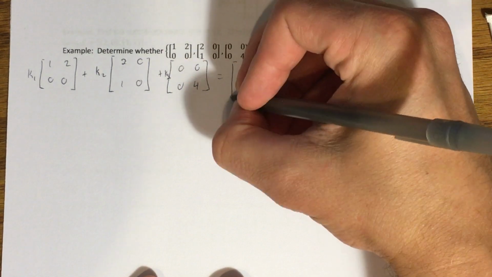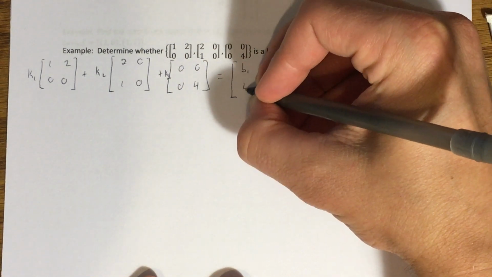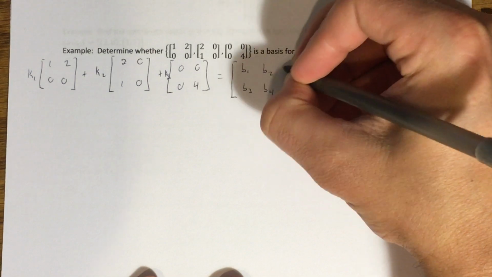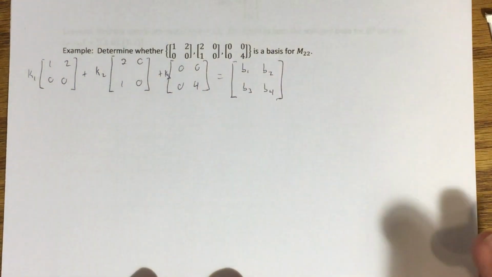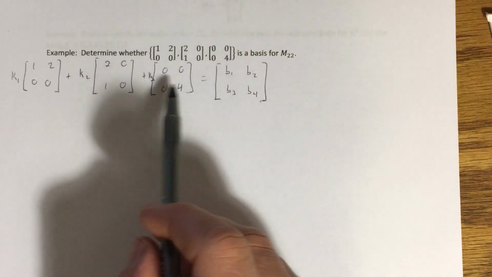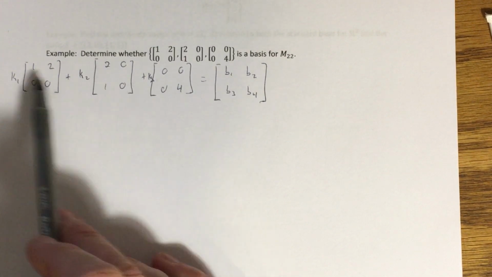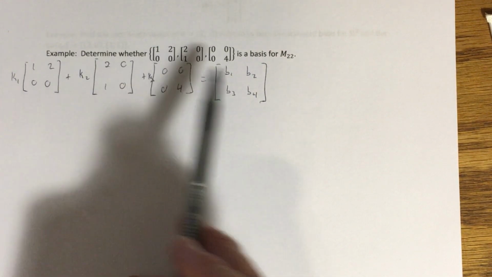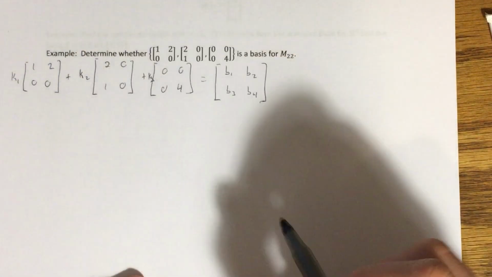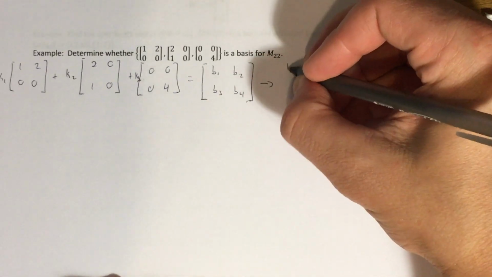I'm going to set that equal to a general 2 by 2 matrix, [B1, B2; B3, B4]. Notice I could create a system of 4 equations out of this by multiplying my scalars in and then setting the sum of the first entries equal to B1, and doing the same with the other 3 entries.